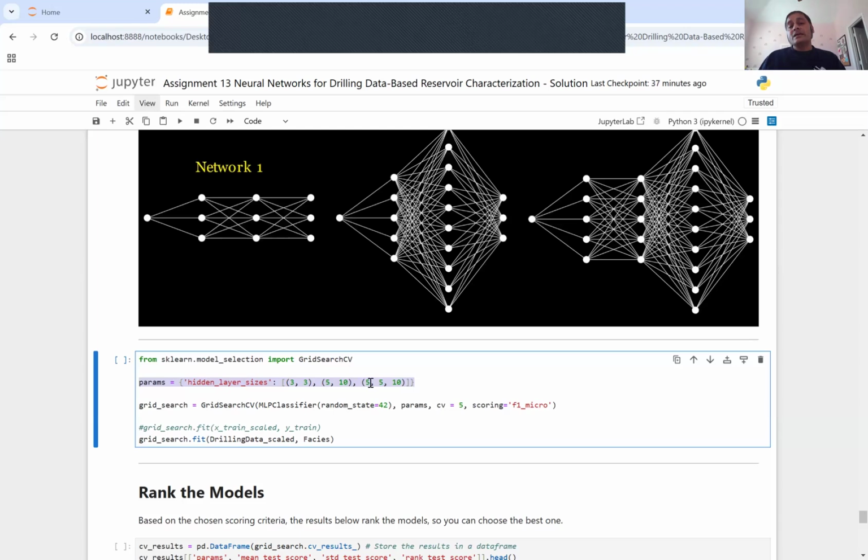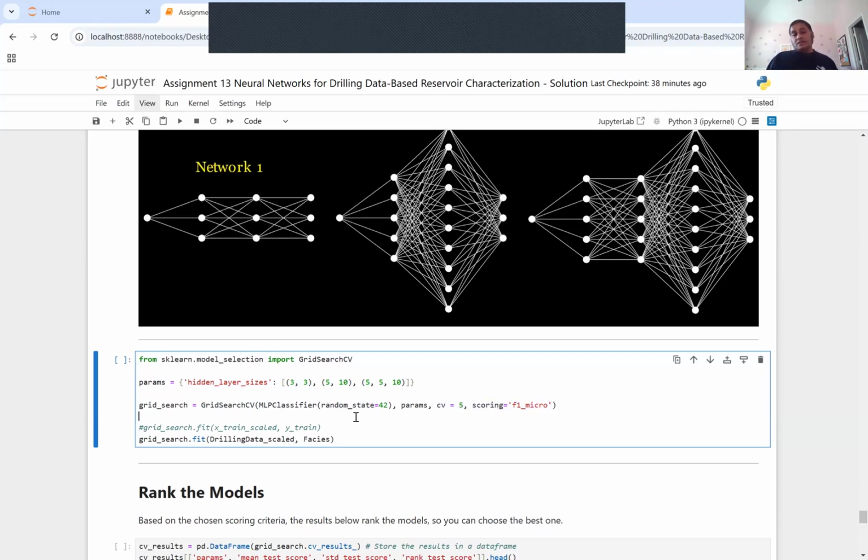And what I'm going to be doing is applying or using a neural network classifier, and I'm going to be using 5-fold cross-validation to evaluate these different models. And how I'm going to be choosing the best model is using the F1 score.